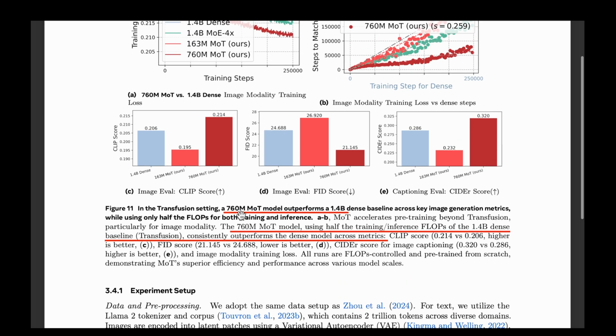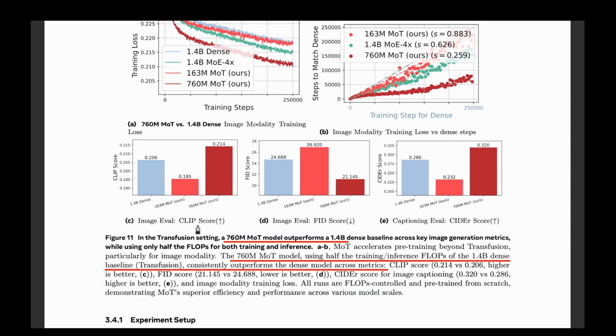So it's not only the lower parameters, but also the lower computation that comes with the MoT. And it can be witnessed by the three scores for evaluation, which are the CLIP score, FID score, and CIDEr score. With the CLIP score, the highest score is better, and we can see that the MoT 760 million parameter model outperforms the dense one.